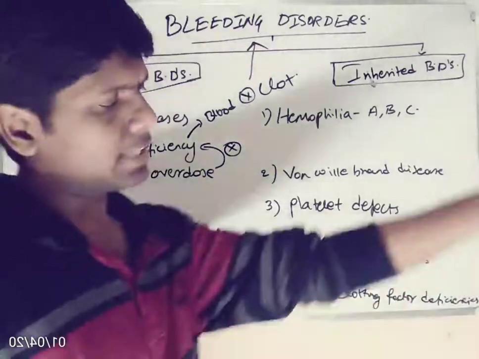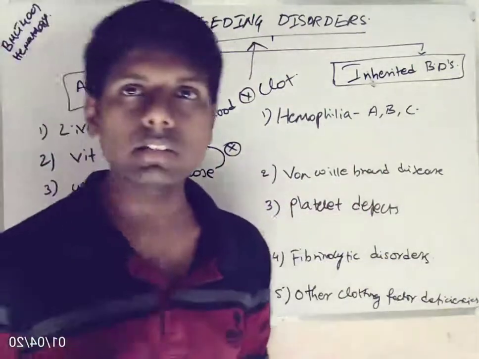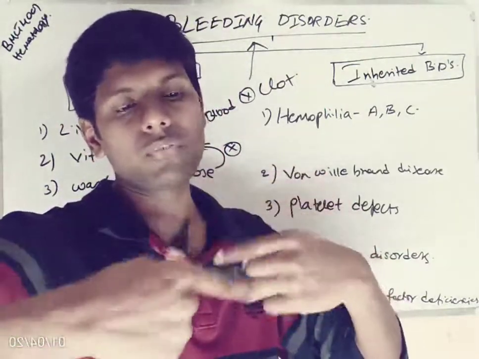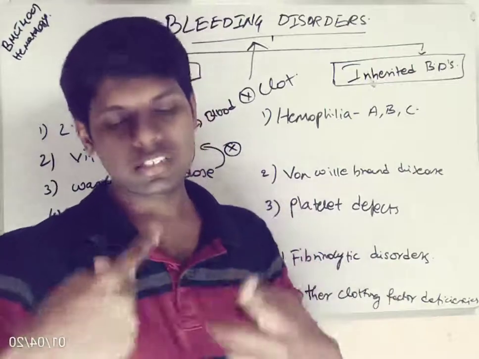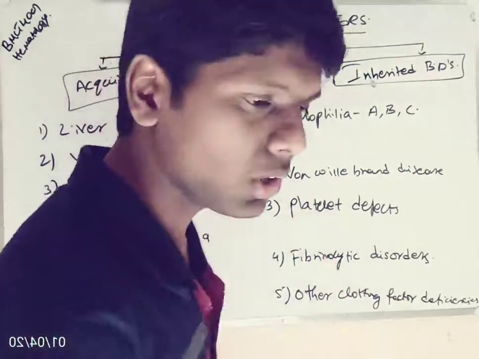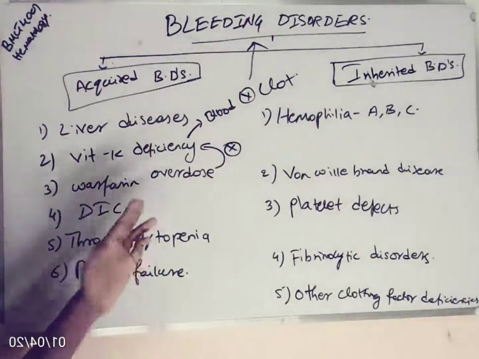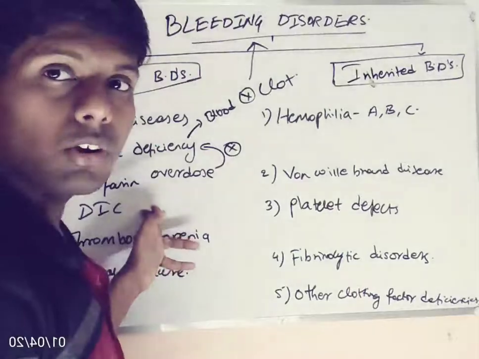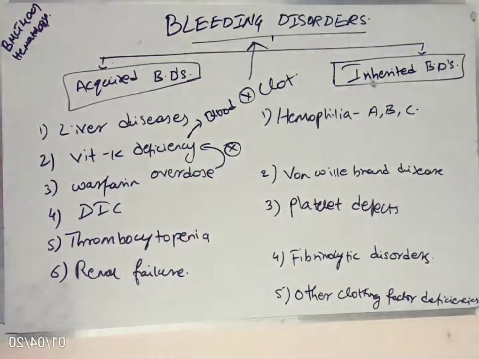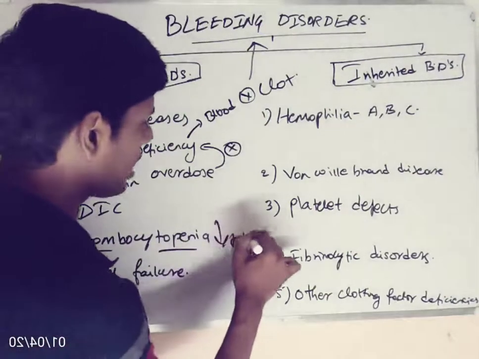Whenever there are excessive disseminated coagulations within the blood, they also cause excessive bleeding. There is a negative and positive feedback mechanism, a loop, of overexcitation of the clotting mechanism, that you need not know. Just keep in mind that disseminated intravascular coagulation can also result in excessive bleeding. Then thrombocytopenia. What is thrombocytopenia? Decreased platelet count.